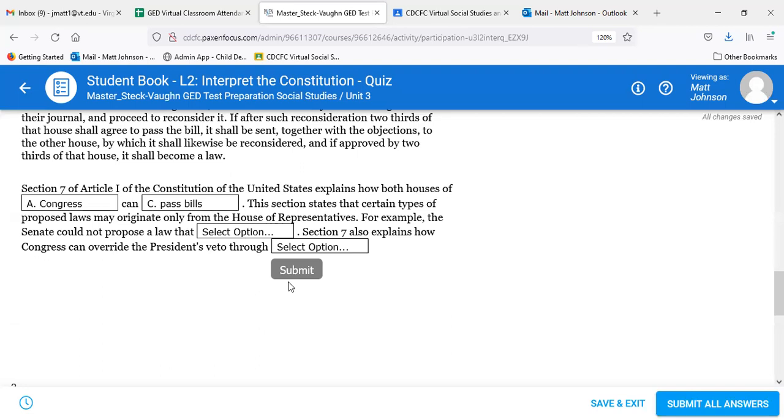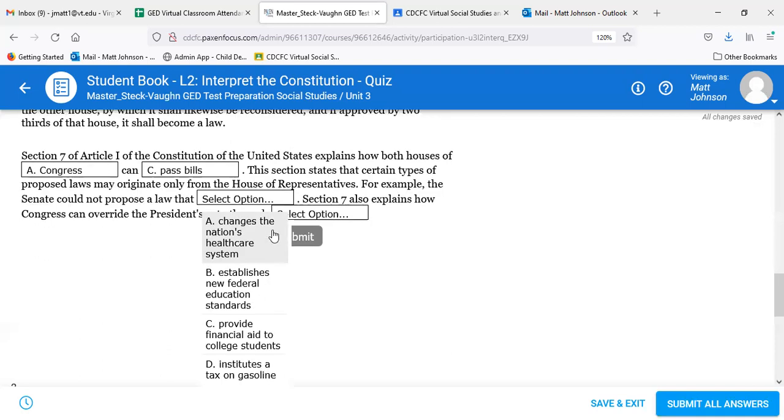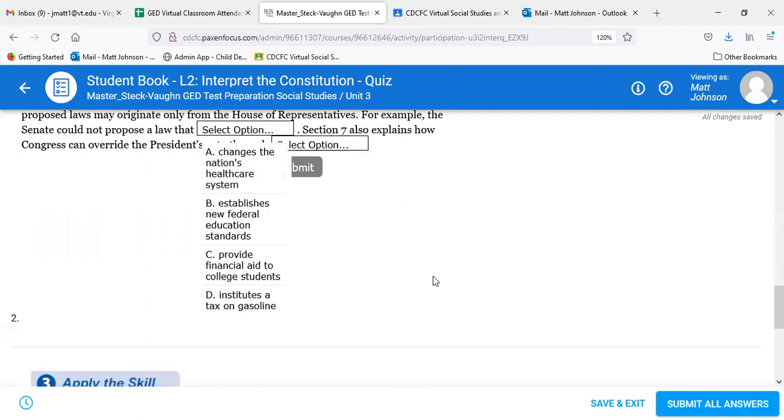Yes. Okay. This section states that certain types of proposed laws may originate only from the House of Representatives. For example, the Senate could not propose the law that: A, changes the nation's healthcare system.